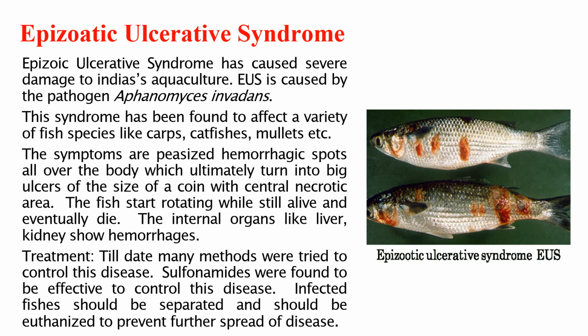This syndrome has been found to affect a variety of fish species like carps, catfishes, mullets, etc. The symptoms are pea-sized hemorrhagic spots all over the body, which ultimately turn into big ulcers the size of a coin with a central necrotic area.